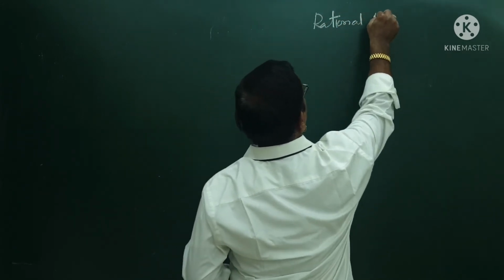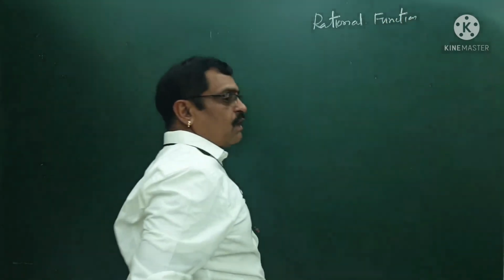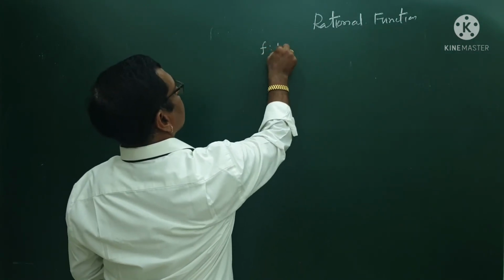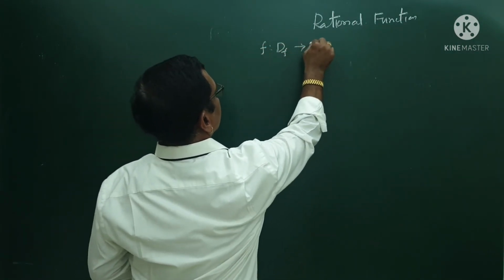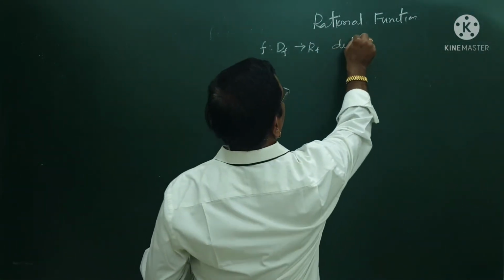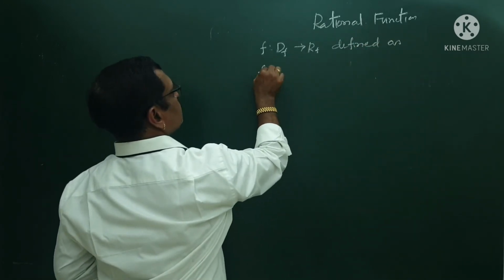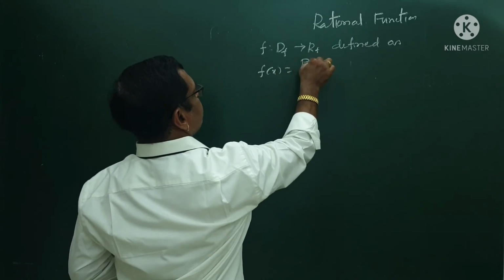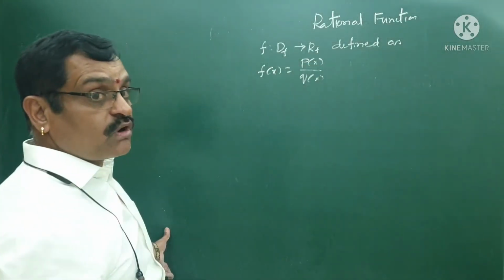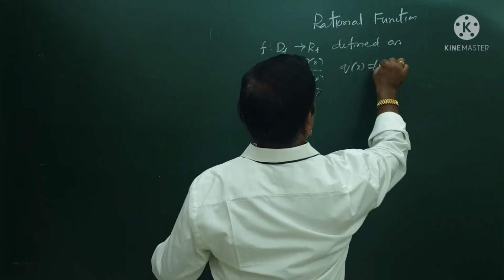A rational function. How is it defined? Again, f maps domain of f to range of f, defined as f of x is equal to p of x by q of x, where p of x and q of x are both polynomials and q of x is not equal to 0.